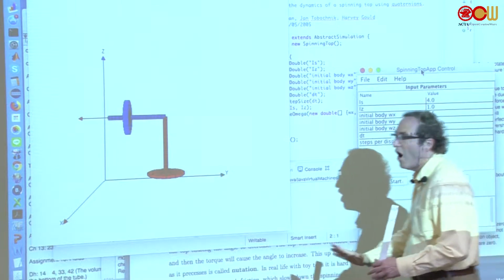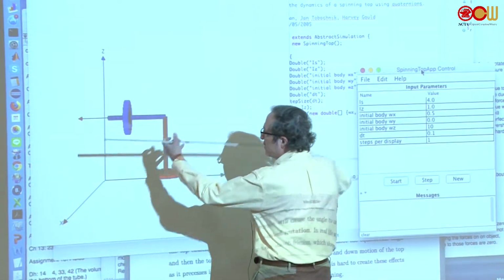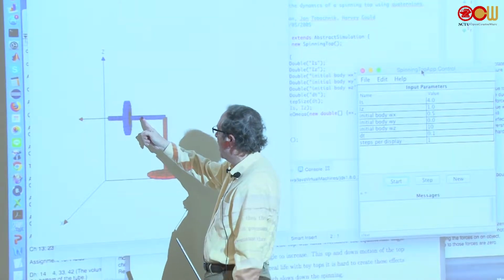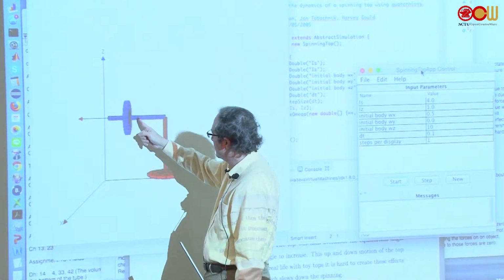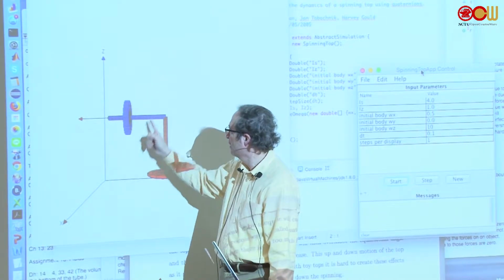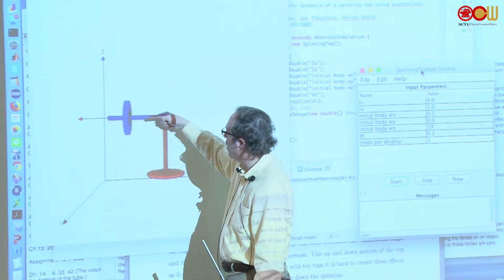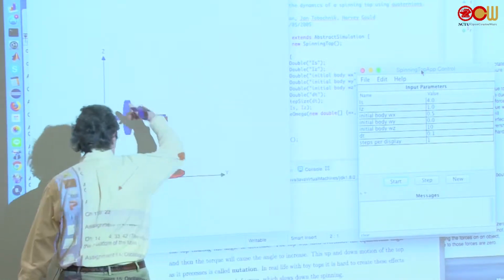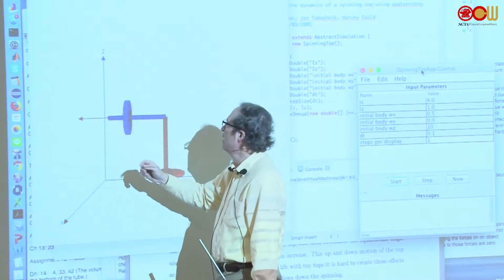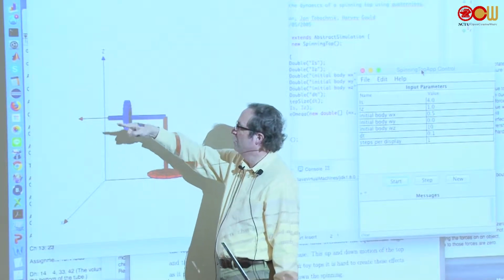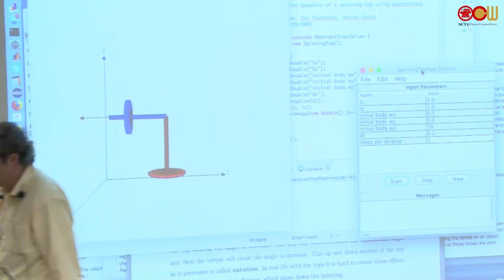So let's just watch what happens. If this is spinning like this, and then we have a force down due to gravity at about this axis, and R is this way, so R cross F. Is that right? No, F is that way. R is from here to here, so it should go around in a circle.